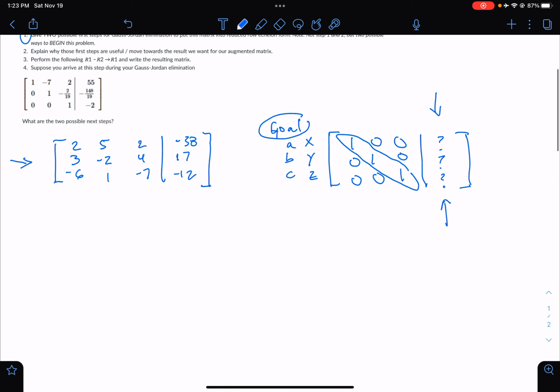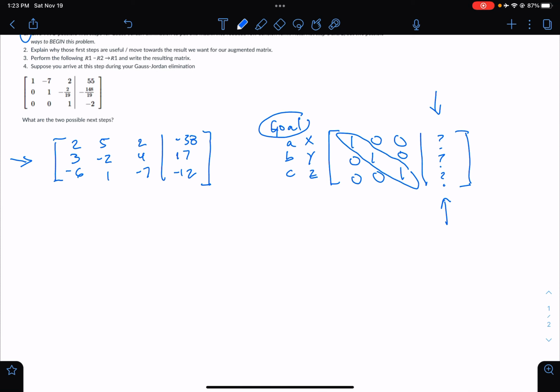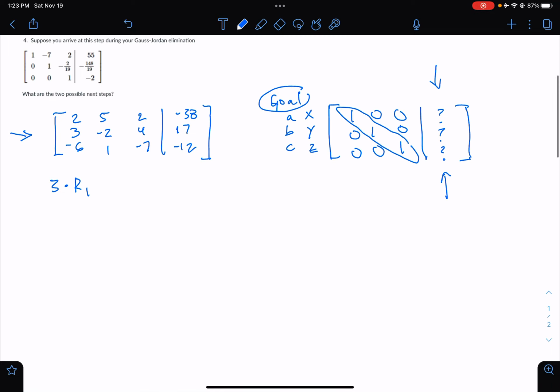So one first step is to multiply row 1 by 3. And if we do that, we will get 6, 15, 6. And let's see, what's 38 times 3? -114.